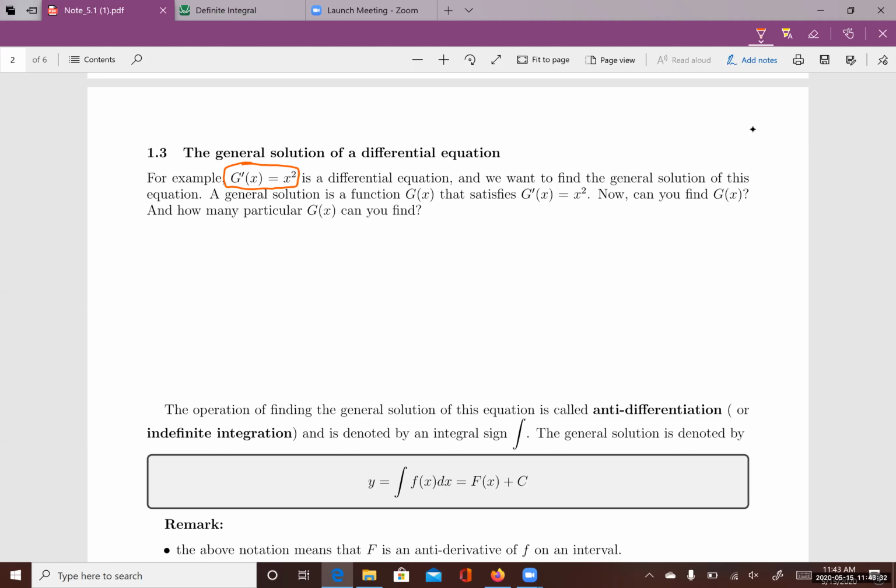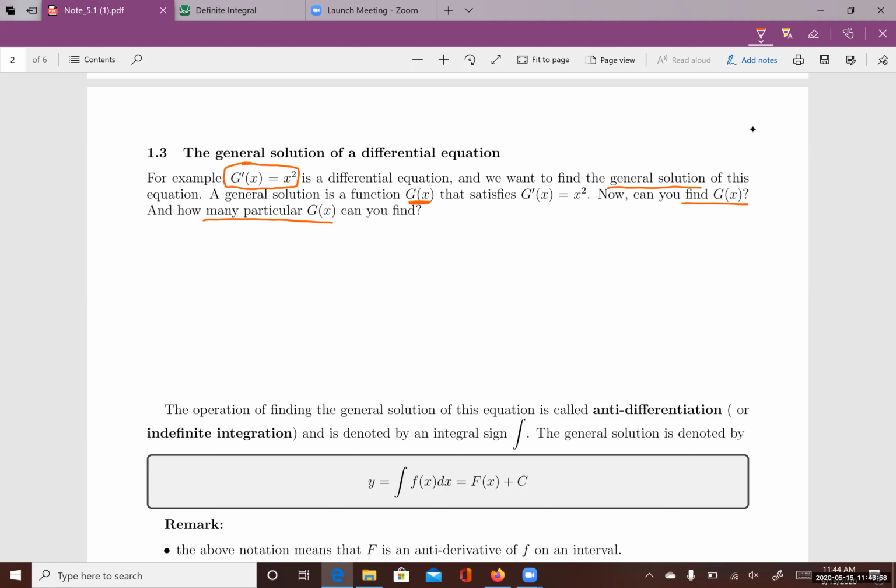Then you want to find the general solutions of this equation. General solutions mean you need to find the function g of x such that g prime of x equals x squared. How can you find g of x? All right. And how many particular g of x can you find?